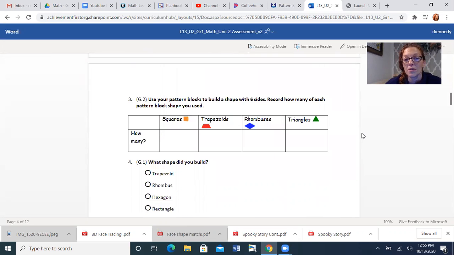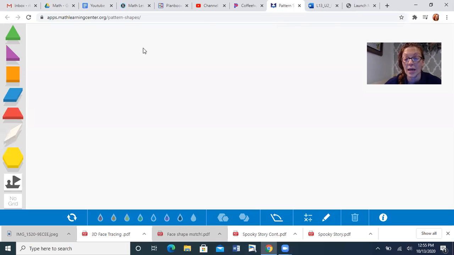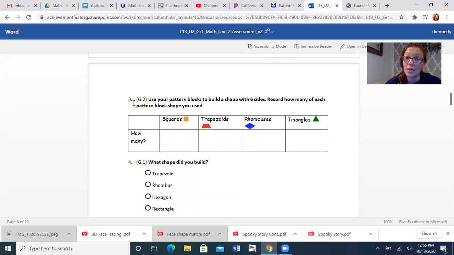All right, so this one is going to need pattern blocks. If you weren't able to print the ones that I sent home for my hybrid kiddos, you can use this site, which I will have up on Schoology. You can use pattern blocks to build a shape with 6 sides.